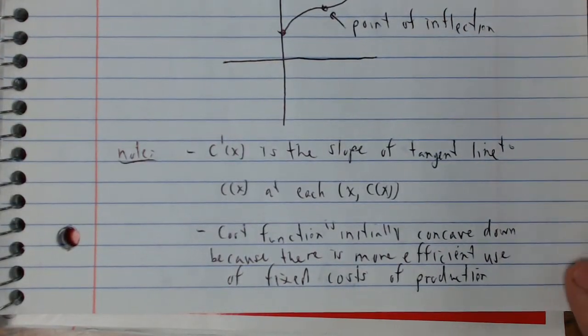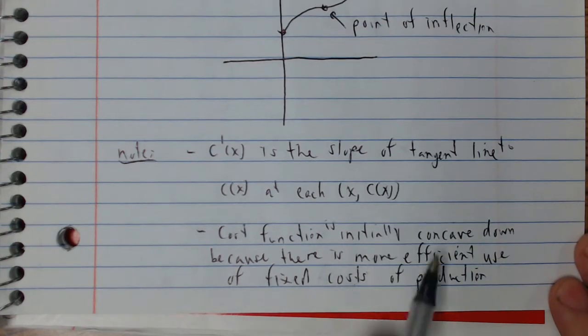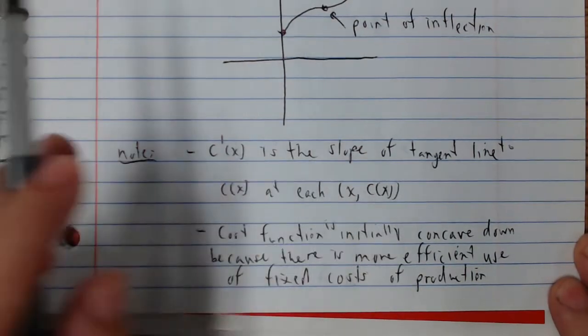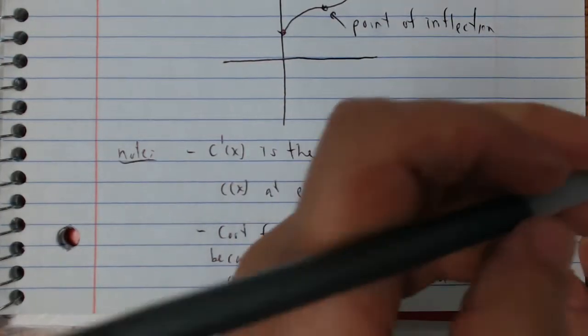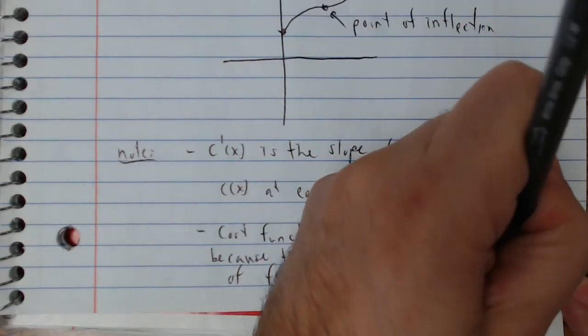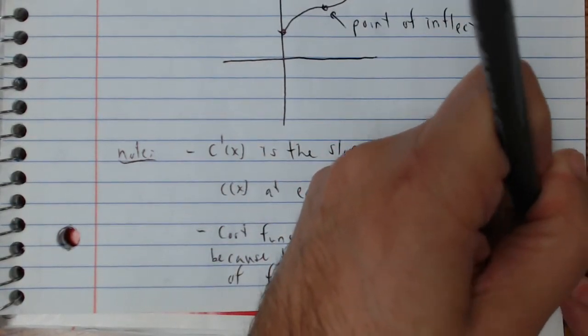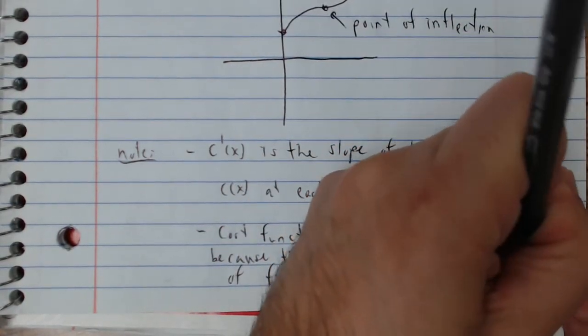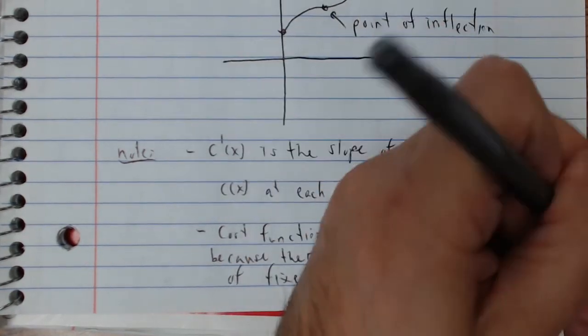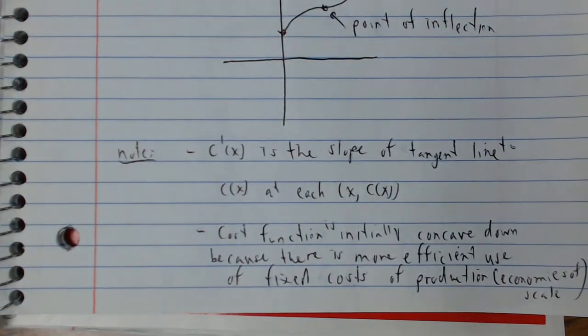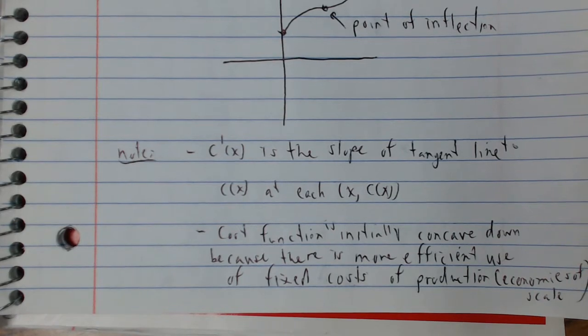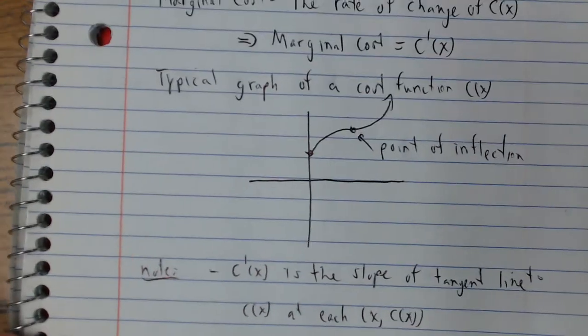So basically, we're putting these initial costs to use more effectively. And in econ class, this is known as the economies of scale. Okay, so if you have taken economics, you've probably heard of this term. And then let's move on to the next page.